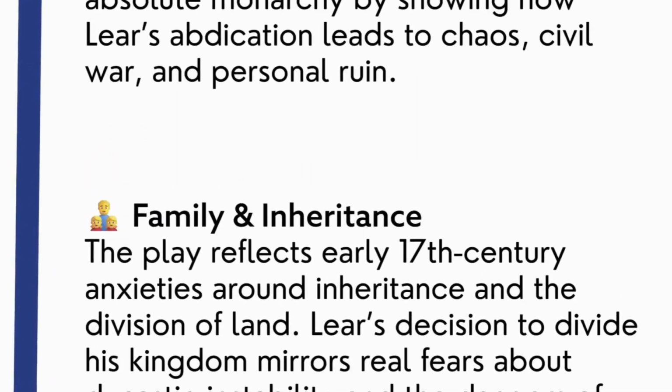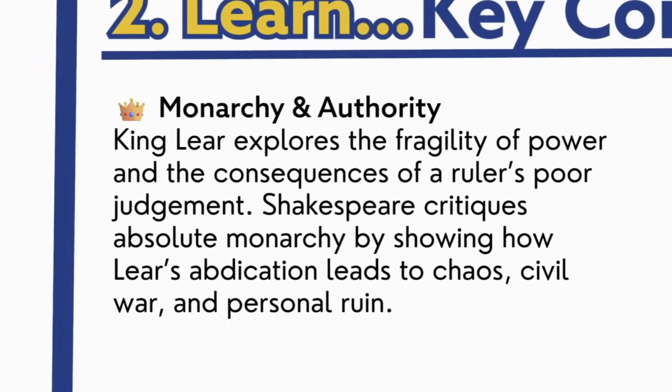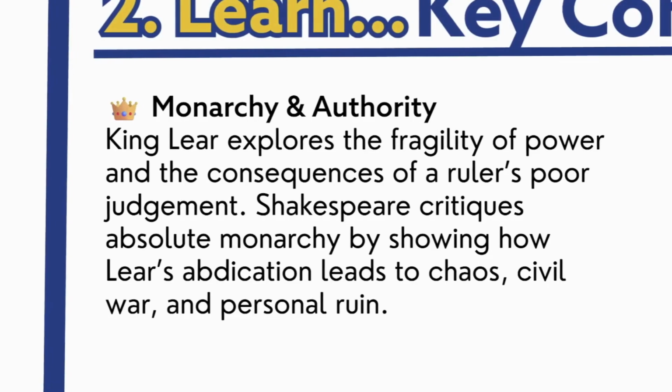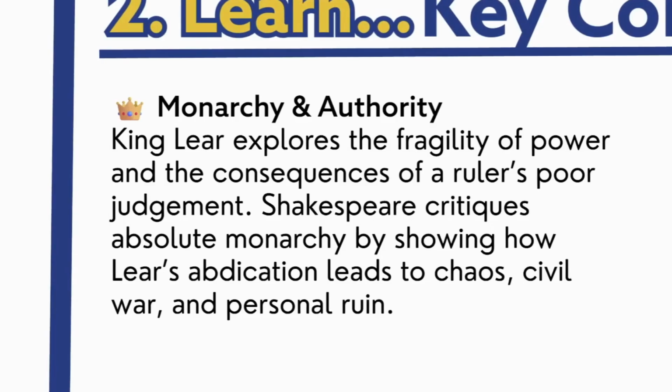Now, in terms of context, history is very important for any Shakespearean play, because obviously we're going a long time into the past. First off, we need to understand monarchy and authority in this period. King Lear, as a play, explores the fragility of power and the consequences of a ruler's poor judgment. We are very much in the period of absolutism, where a king or queen had pretty much absolute power, which is fine if they're a great ruler, but it's awful if you have a ruler with poor judgment, because there are no checks or balances on them to hold them back.